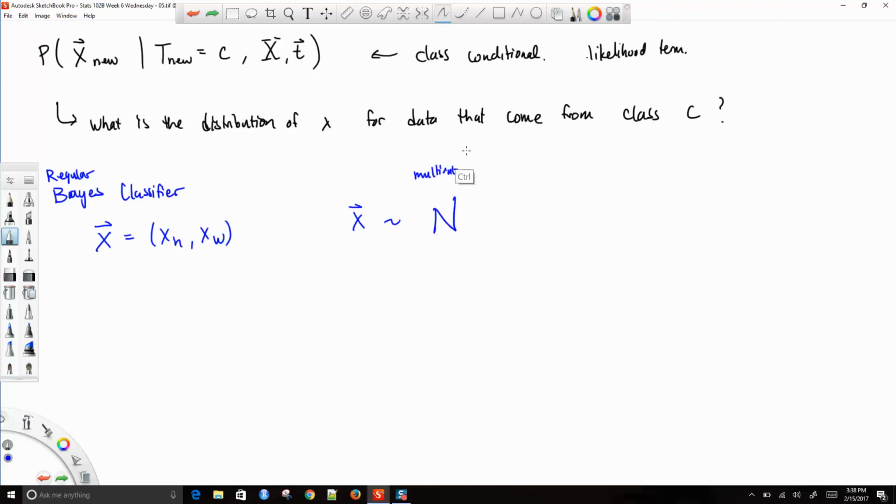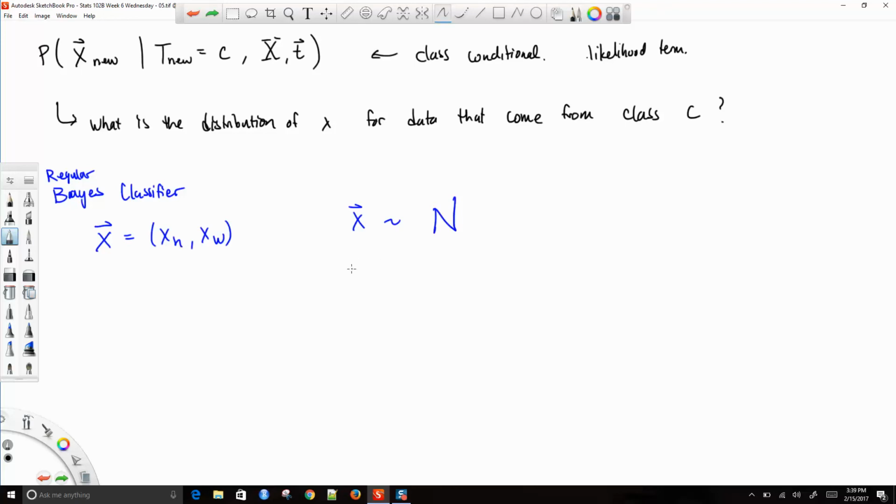Well, maybe it's not necessarily normal, but we might assume that the distribution of heights and weights comes from a multivariate normal, and maybe that's a bad assumption. But we like normal distributions because they're nice to work with, right?